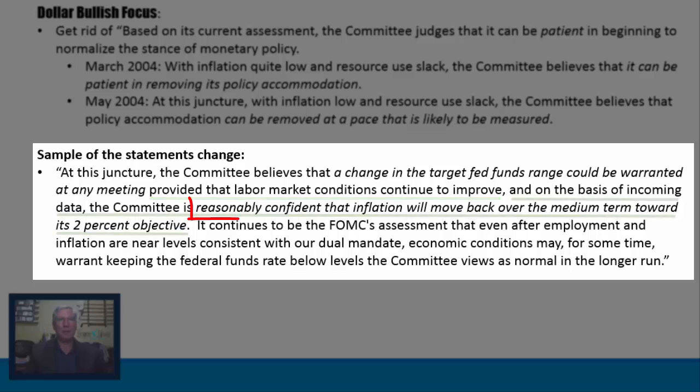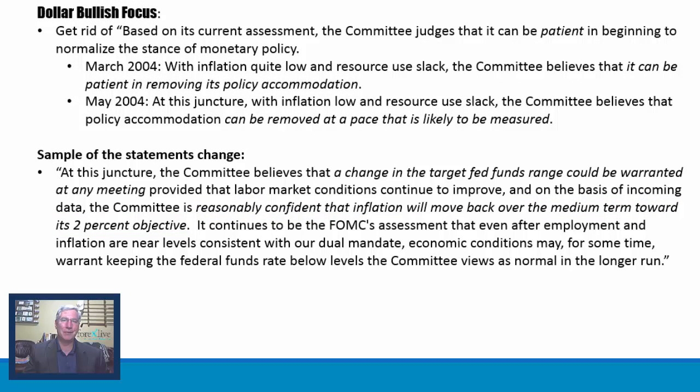And on the basis of incoming data, the committee is reasonably confident that inflation will move back over the medium term toward its 2% objective. This is the big but: we still need to be assured that inflation is moving toward its 2% objective. It doesn't have to get there. It is not going to get there this year.